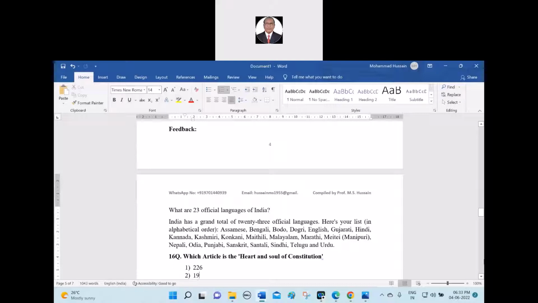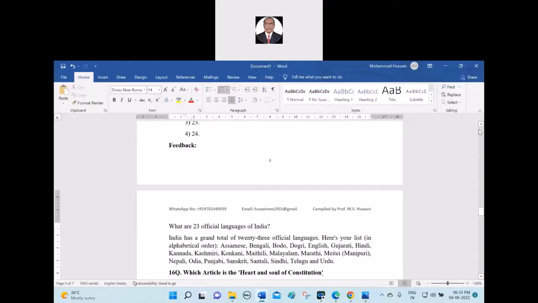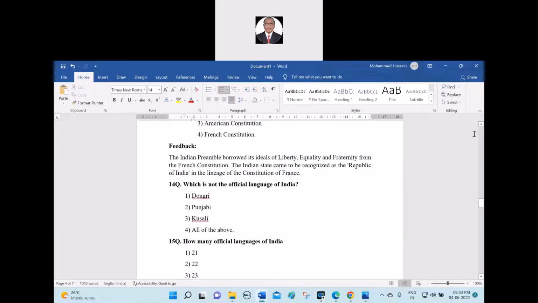So: Dogri, English, Gujarati, Hindi, Kannada, Kashmiri, Konkani, Maithili, Malayalam, Marathi, Meitei, Manipuri, Nepali, Odia, Punjabi. Oh, Punjabi is here, but I wrote there none of the above. It's wrong then. Anyway, subject to correction. Punjabi is actually an official language, and I gave all of the above as the answer.